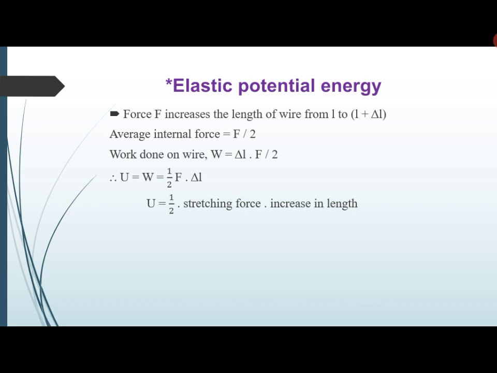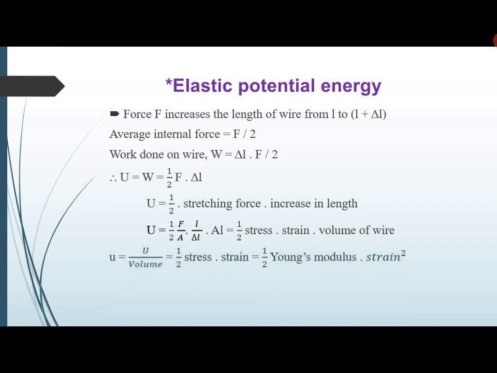Now let A be the area of the wire. In that case, our potential energy is equal to, we are just arranging the terms, F upon A into delta L upon L into AL, and this comes out to be 1 by 2 stress into strain into the volume of the wire.